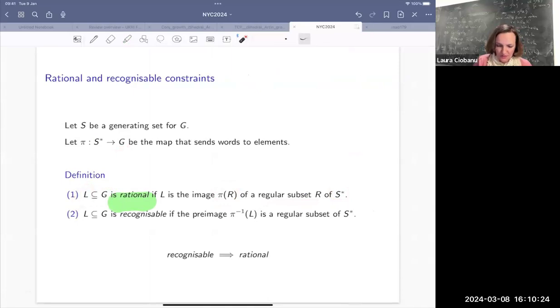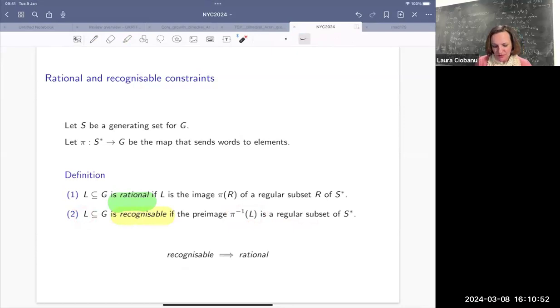And now, slightly different is a recognizable set. There, again, you pick a set of elements L, and you look at all the words that give you that set L. In other words, the pre-image of L, and if that is regular, then you say L is recognizable.